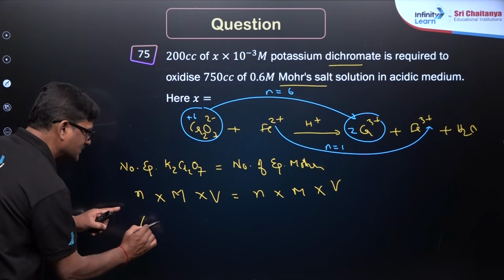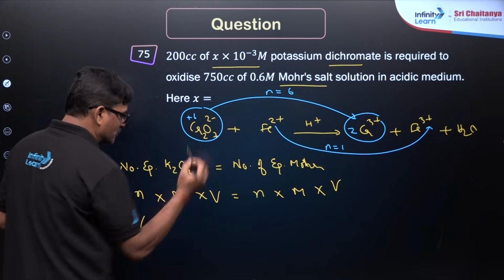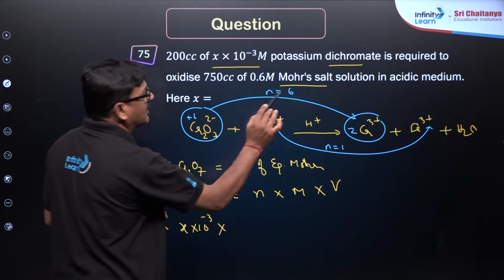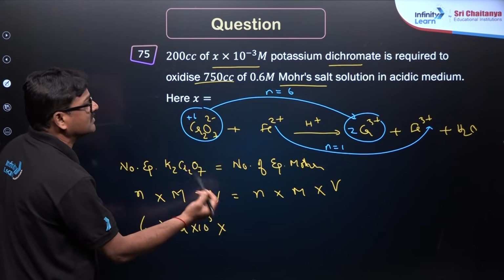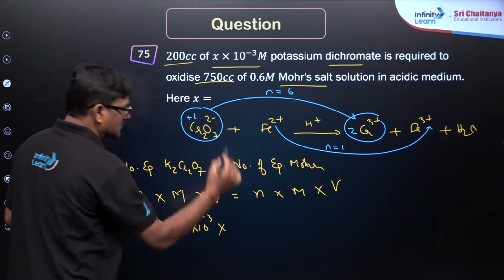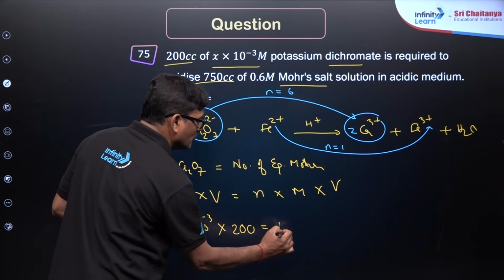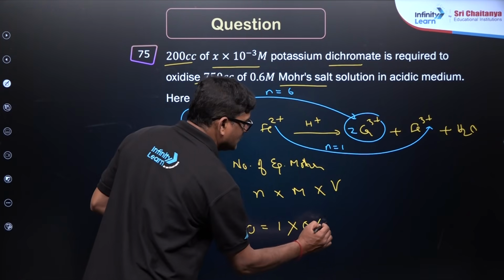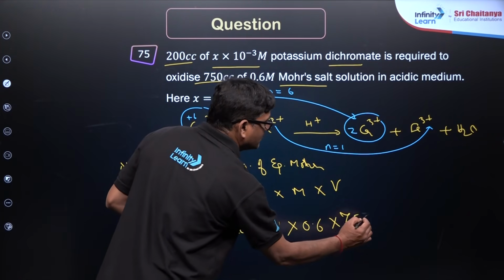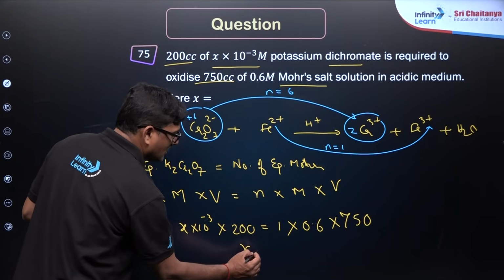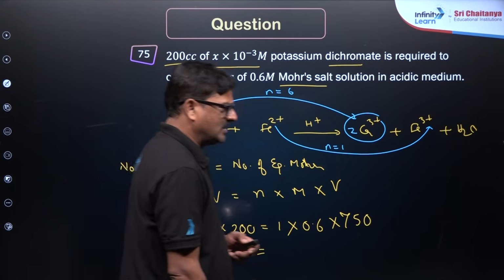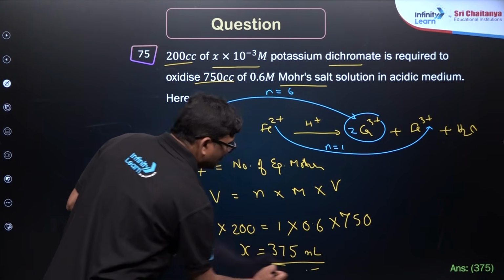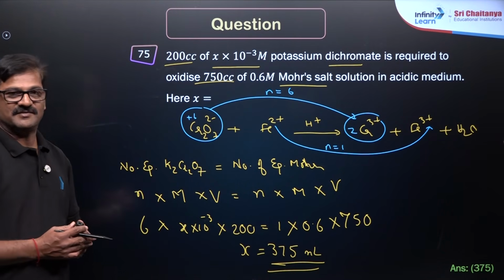The N factor is 6, molarity is given as X into 10 power minus 3, and its volume is 200 milliliters, is equal to 1 into whose molarity is 0.6 into the 750 milliliters required. On solving, X comes to be 375. The answer for this question is going to be 375.